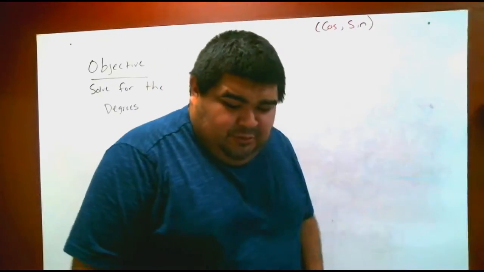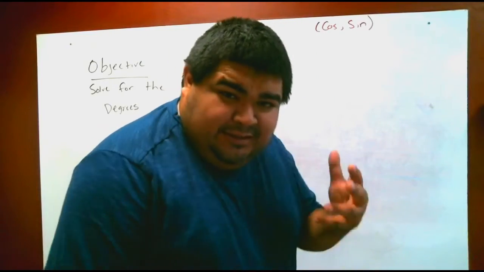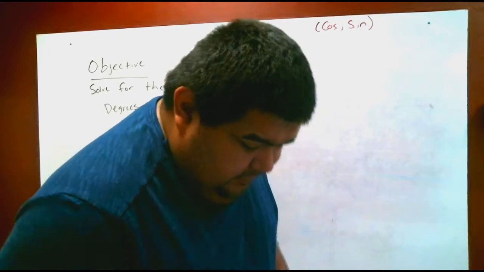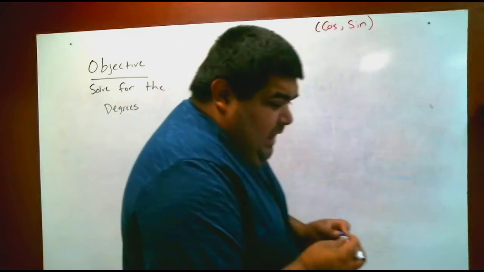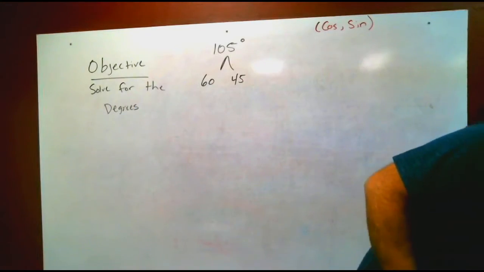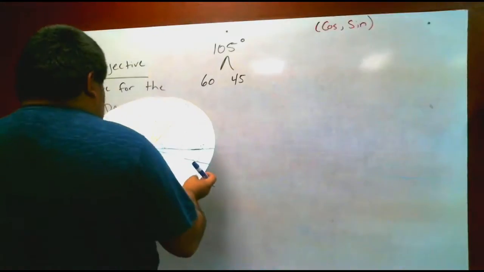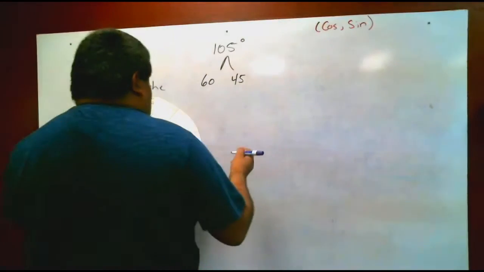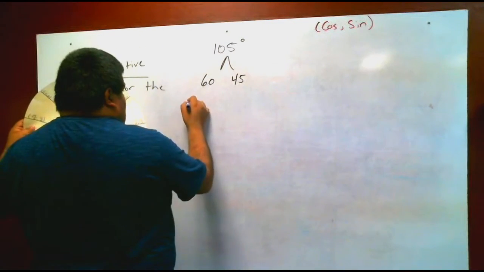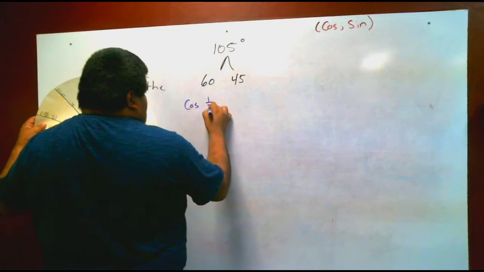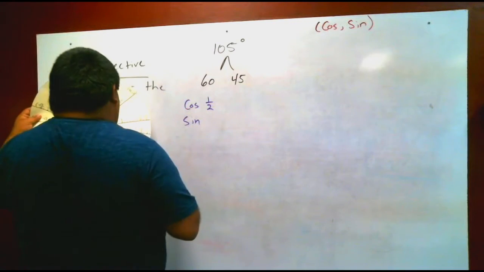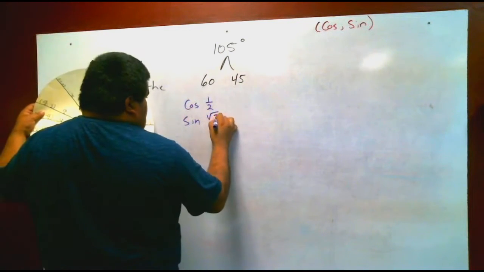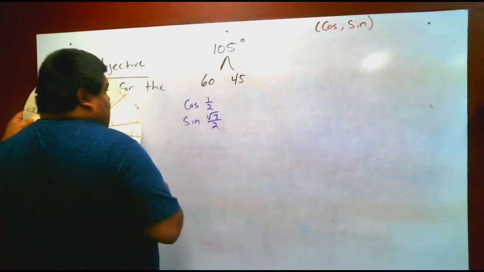So for this first one, our unit circle, you already did this last class. For 60, our cosine for 60 degrees was 1/2, and our sine was radical of 3/2.